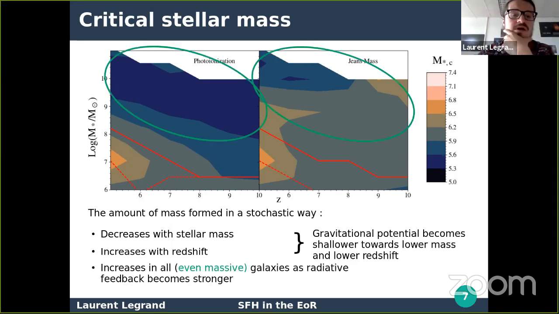But now, an additional effect is that as the radiative feedback becomes stronger, this transitional mass increases even for massive galaxies, because the Jeans mass model has immediately a very strong impact on galaxies. So in their history, they need to have a higher mass to retain their gas and start being continuous star formers.